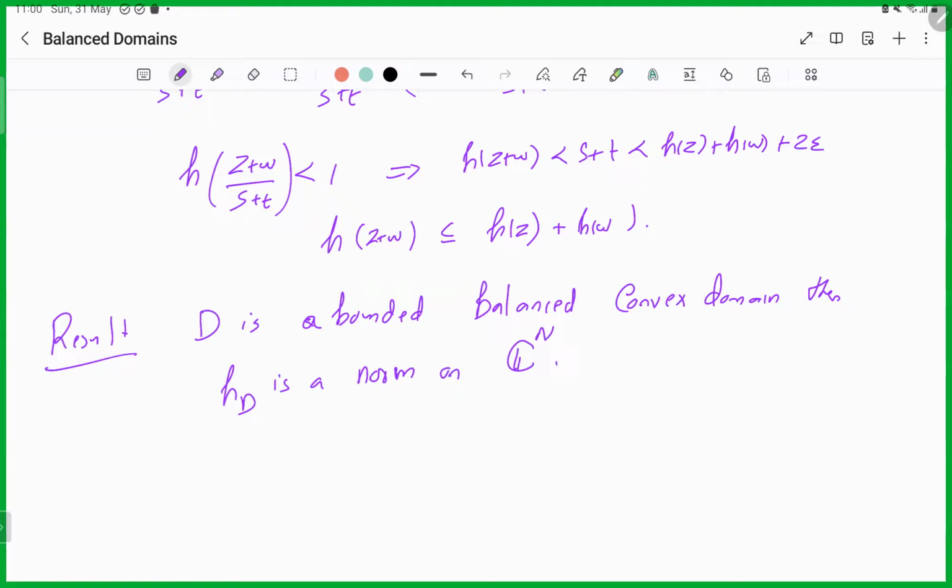That means D is a ball. This is exactly the Minkowski function H_D. This is the goal of today's talk. If you have any question, you can ask.